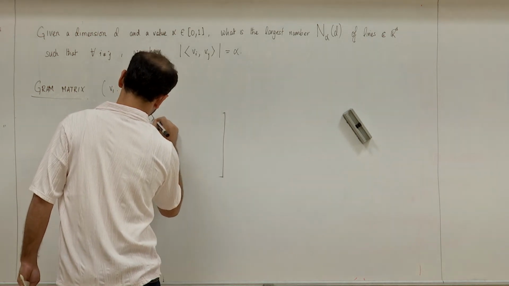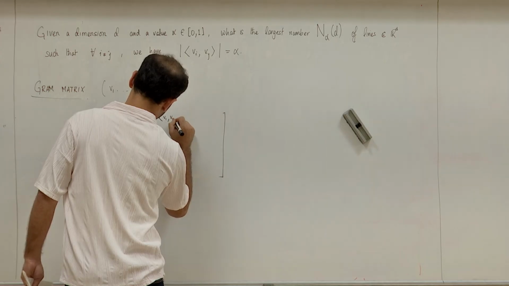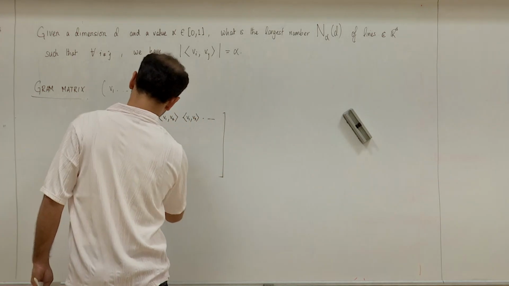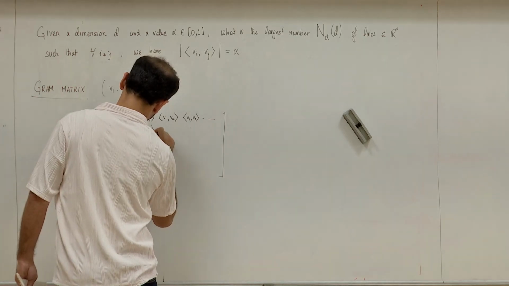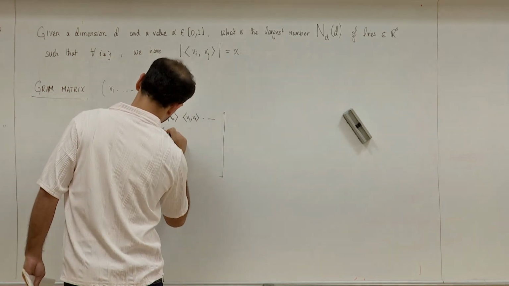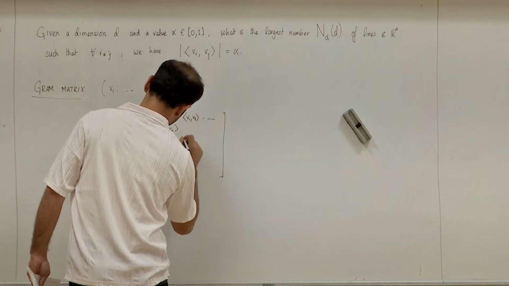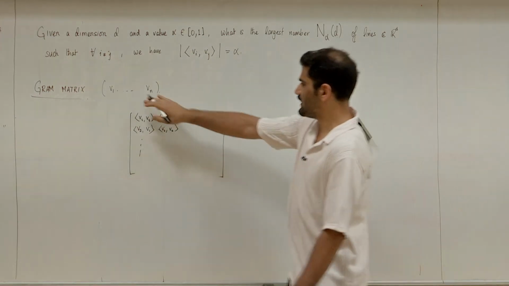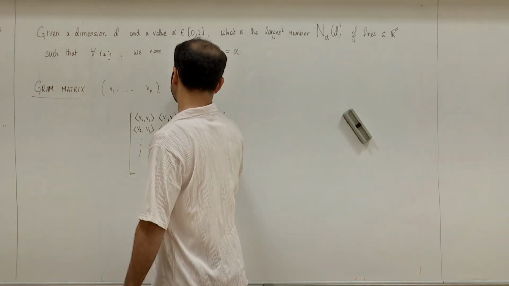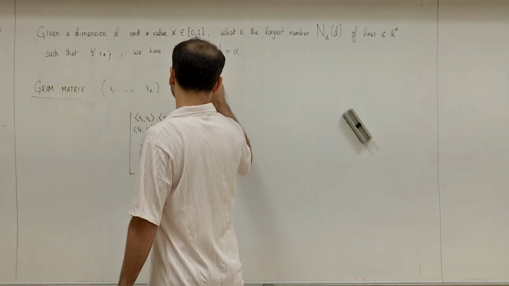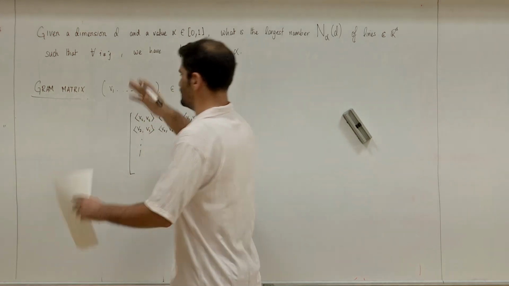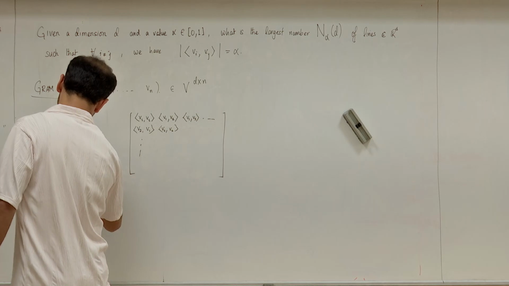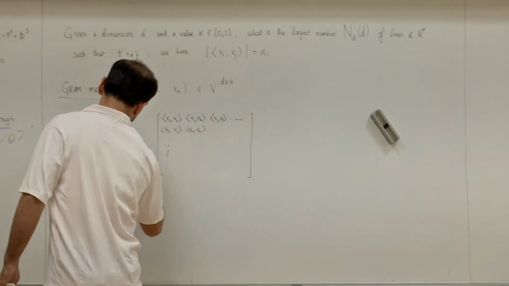So this is v_1 with v_1, v_1 with v_2, and so on. You can also view it as a matrix V in, I think it should be D times n, so the vectors are columns, and then the Gram matrix is just V transpose V.